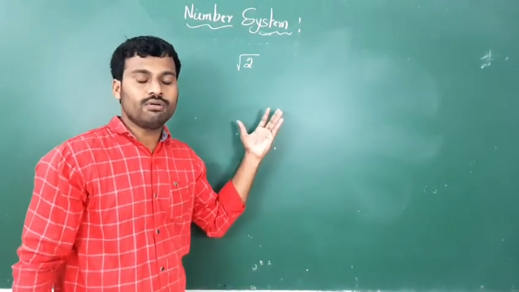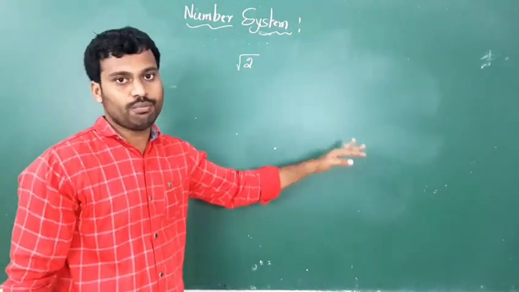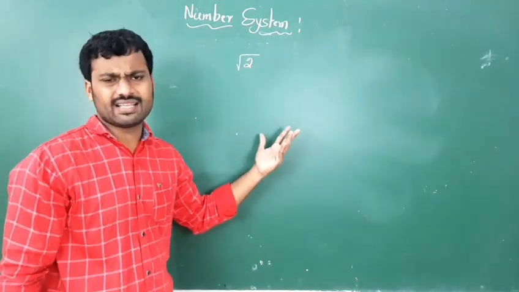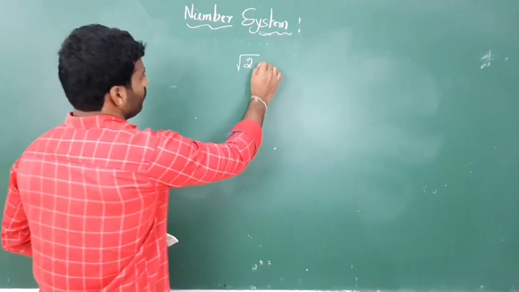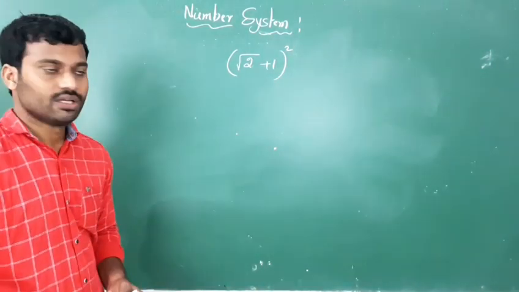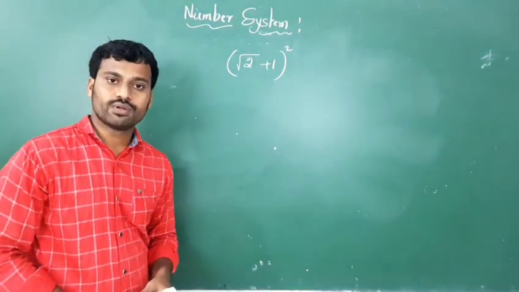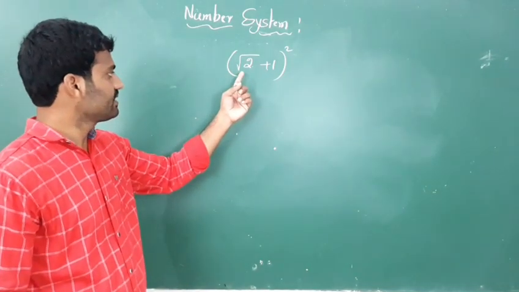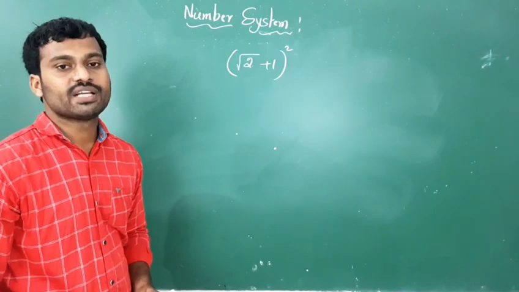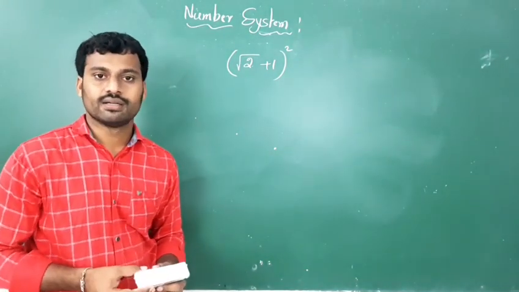So now suppose they may ask to multiply. They will give one rational number and one irrational number. They may ask to multiply or divide or subtract or add, or they can ask anything. Suppose root 2 plus 1 whole square. They can ask to simplify this. How will we simplify this one? See, it is like (a plus b) whole square. What is the (a plus b) whole square formula? a square plus 2ab plus b square.